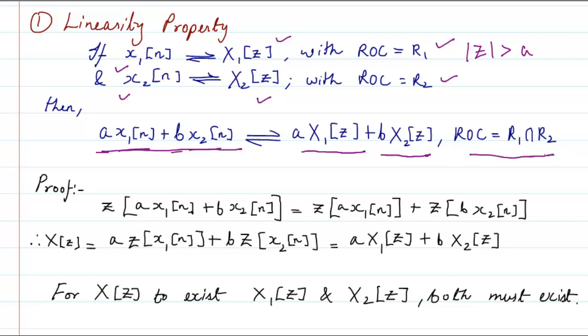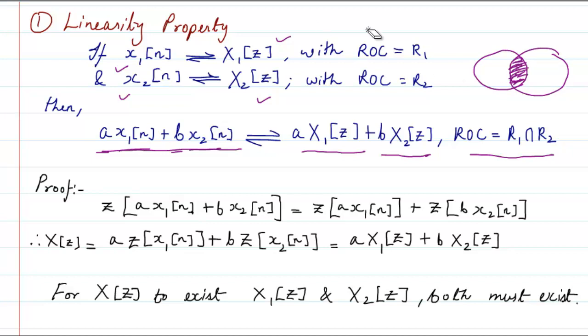Intersection of both the regions means, see, we have already seen in set theory that suppose there is a region of one set like this and another set like this, then where the two overlap, that region is basically called the intersection of the two regions.